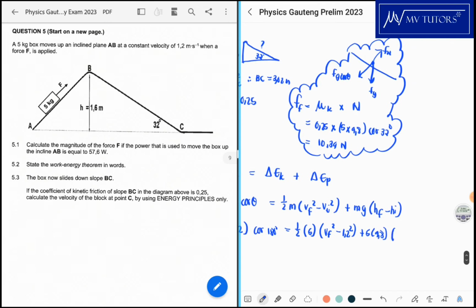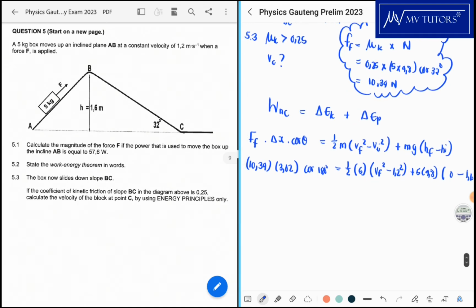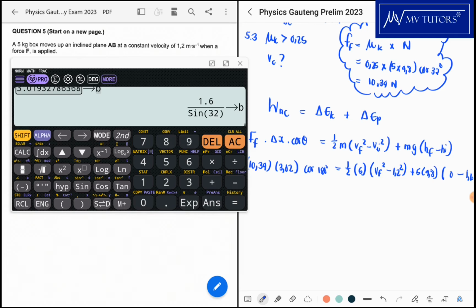So we have our final height, which is 0, and our initial height, which is 1.6. Okay, this is quite loaded. Let's just start first with the left-hand side. So we have A times B times cos 180, which is just negative 1.